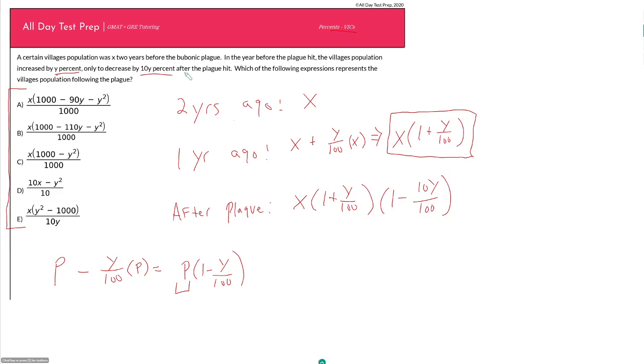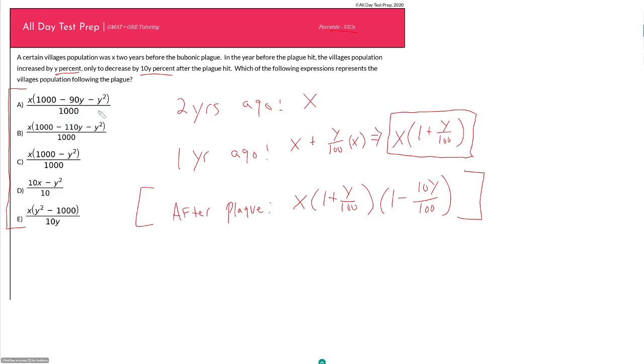And so this here, this technically is the right answer, right? We are looking for our population after the plague. And if you were confident that we made this translation accurately, this really is the right answer. We just need to now put it in the format that our answer choices have it in. So what does it look like they do here?